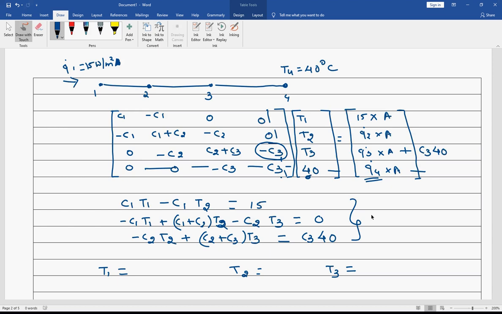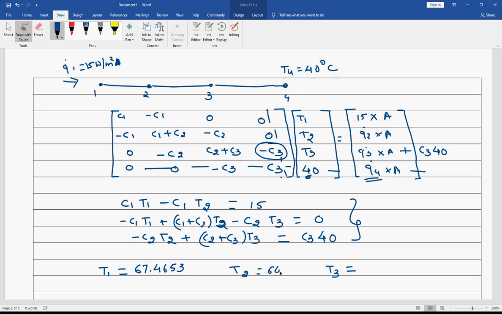Okay, can anybody confirm these values? Okay, so I am getting a value of 67.4653.